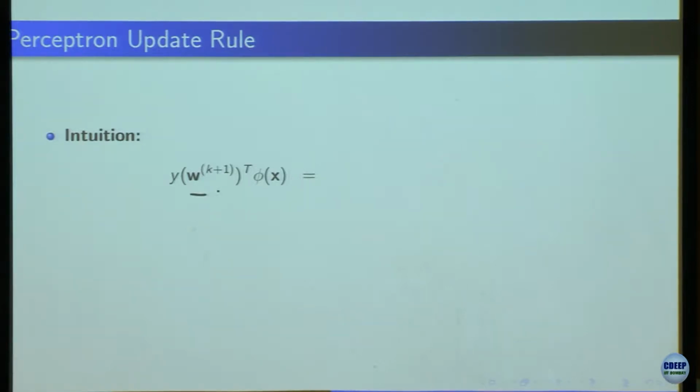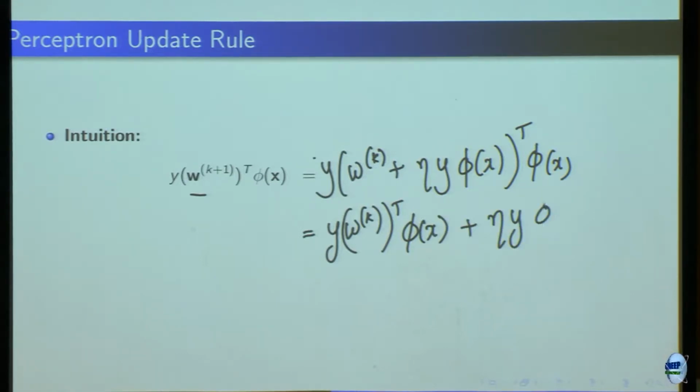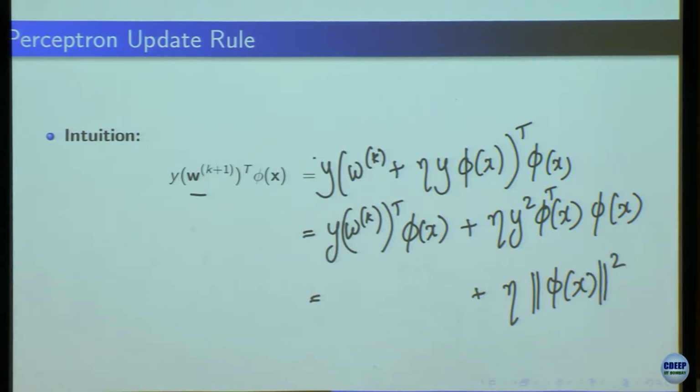Write down this unsigned distance, supposed unsigned distance after the update, which means substitute for wk plus 1. Very simple, one step.